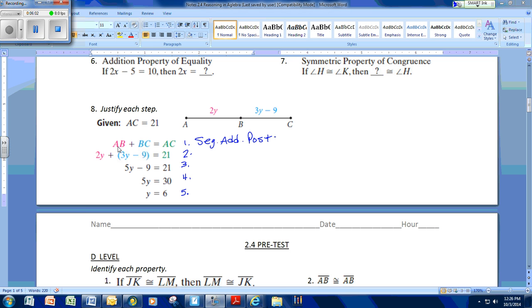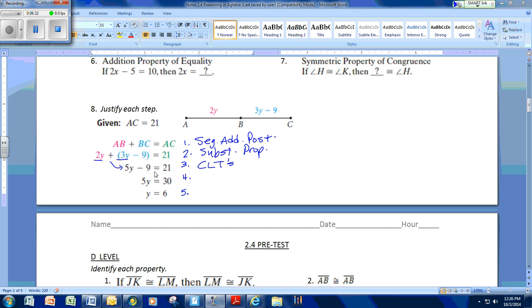The next thing I notice is that the AB and the BC and the AC are all gone and they're replaced with the variable expressions. That's simply the substitution property. Next, the 2y and the 3y were combined to give me 5y, so that's simply combining like terms. That's not necessarily a property, it's just a step. From step 3 to 4, minus 9 has disappeared and 21 has become 30.